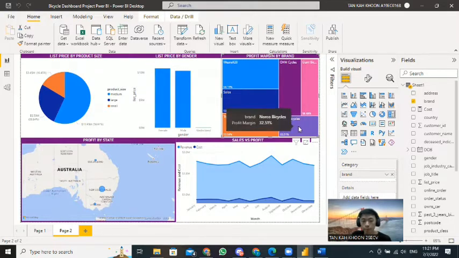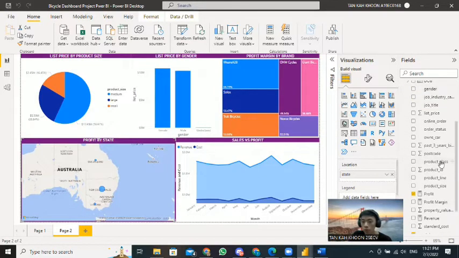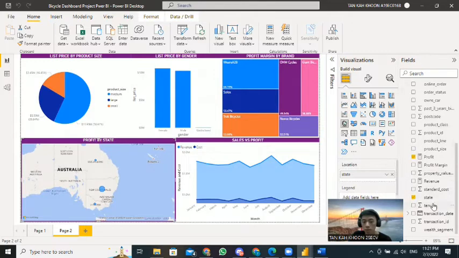All right, the fourth graph is the profit by state, which uses profit and state as the domain. We can see that the state with the highest profit is New South Wales, second is Victoria, and last is Queensland.